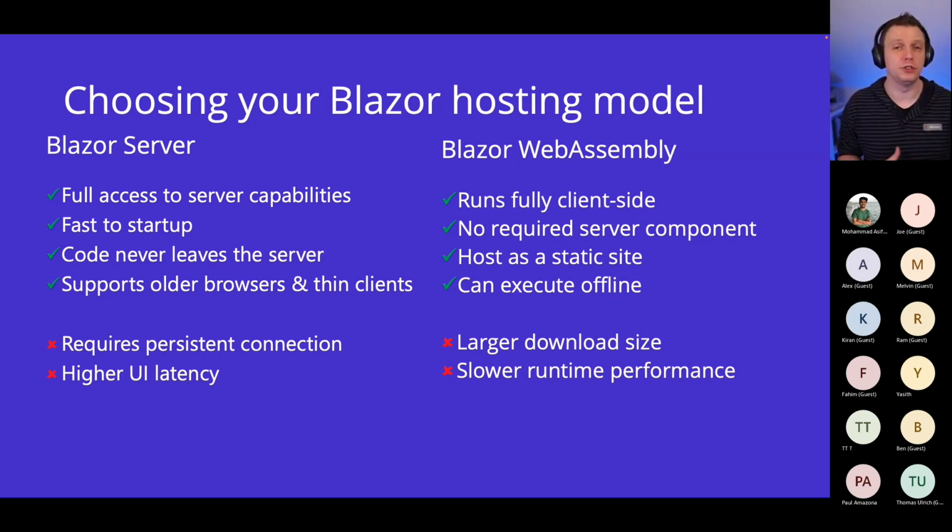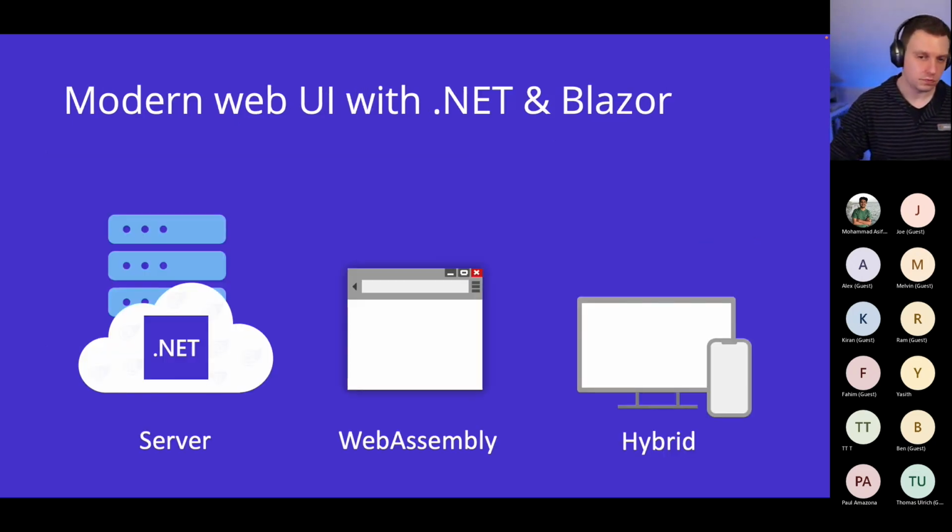I think there's also an option to create a PWA from it. That means, of course, your Blazor application can be offline, because as soon as you want to get data from a REST API or something, then sure, you're going to need that internet connection still, right? But at least you don't need it for the core application. So that's the difference there.